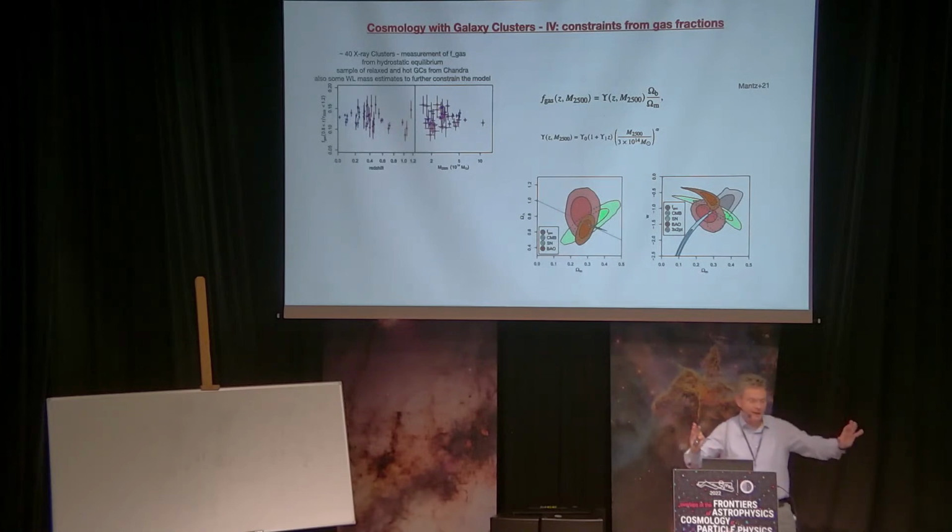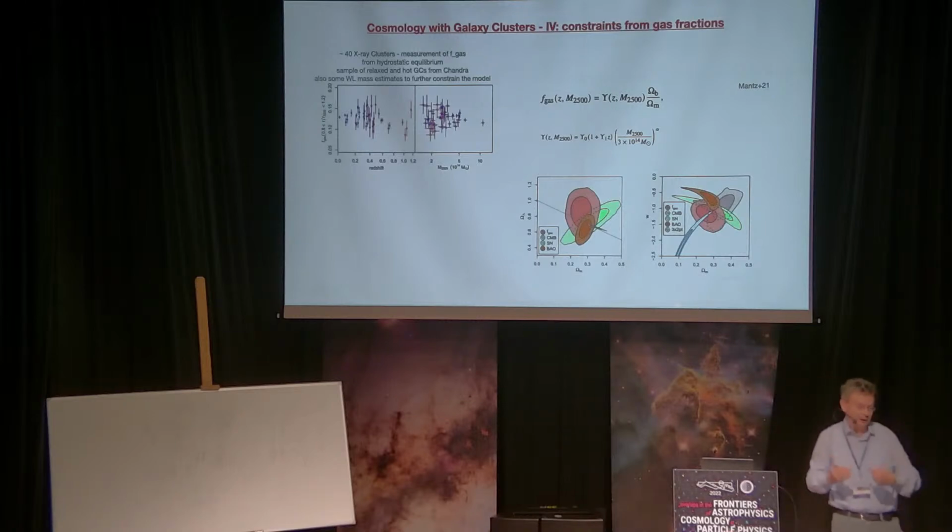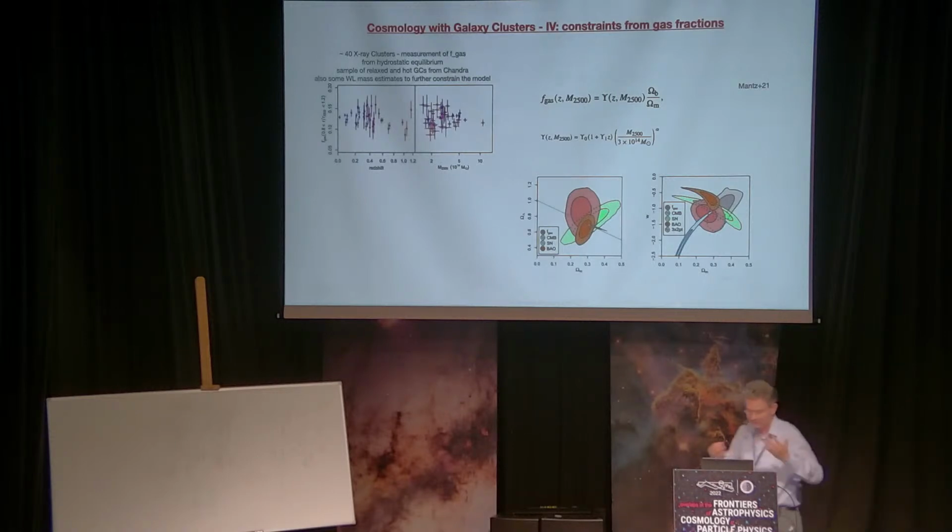So this gas is there. Other gas cannot enter anymore. The only thing that can happen to this gas, and indeed it happens, is that it is turned into stars. You get star formation, galaxy formation. And so people did that.